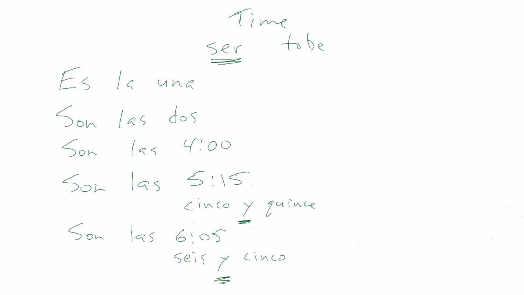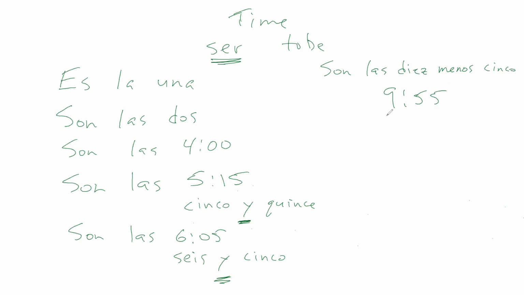Okay, so if we're talking about something in the second half of the hour, we can say minus. So we might say son las 10 menos 5. So that would be 10 menos 5 would be 9:55, or we could say in English, it's 5 to 10, okay? There's no set rule.